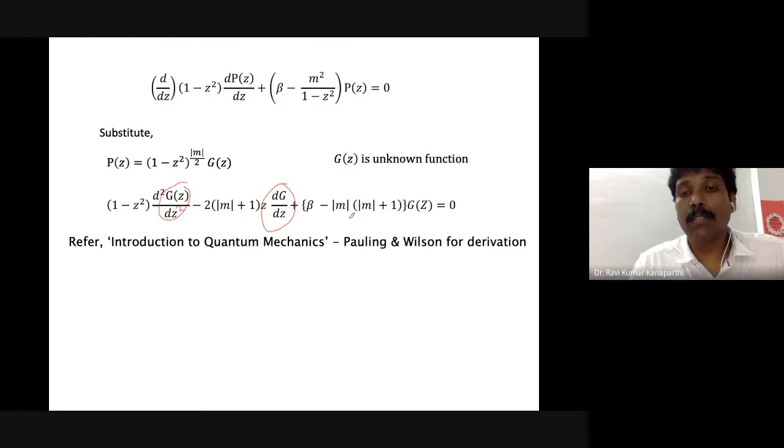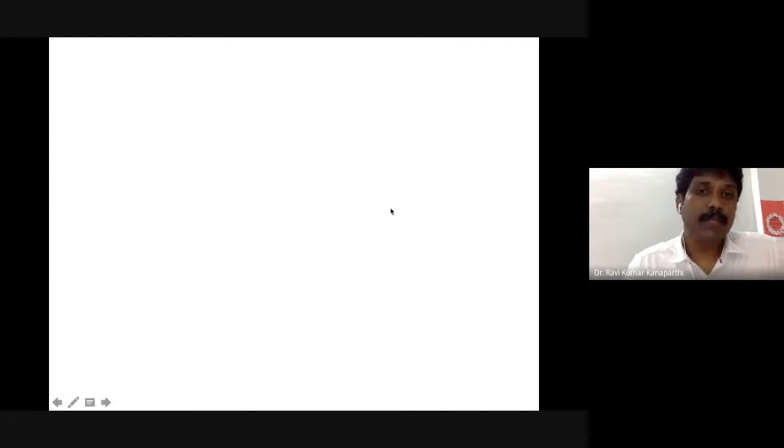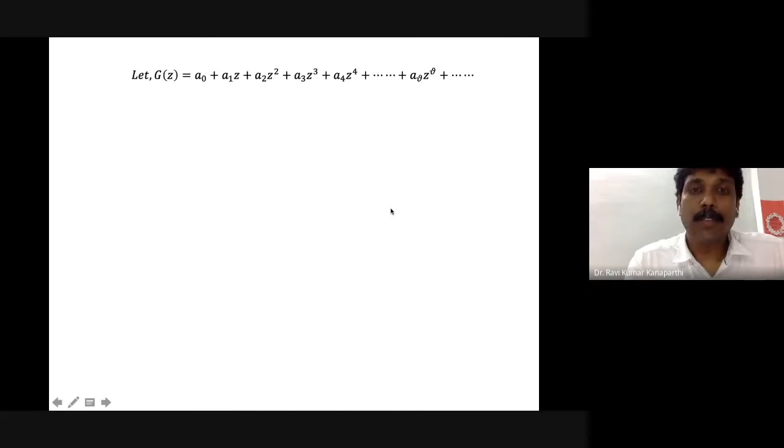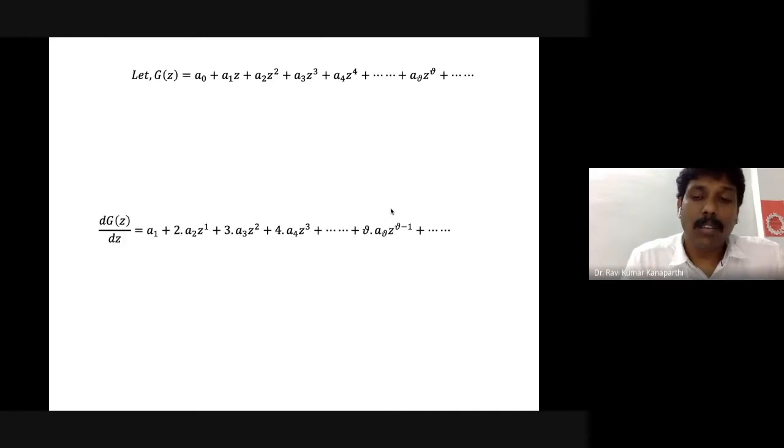Similarly, we have to multiply g of z with this. In the power series method, g of z may be expressed as an infinite power series, and the infinite power series has to be taken into consideration to get the actual expression. To get g of z, first of all we should get the coefficient values.